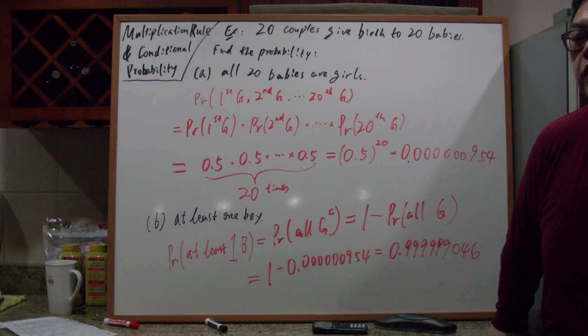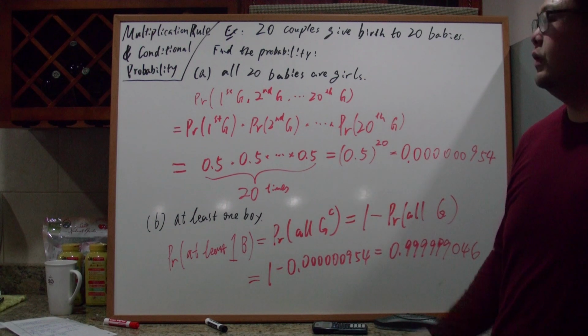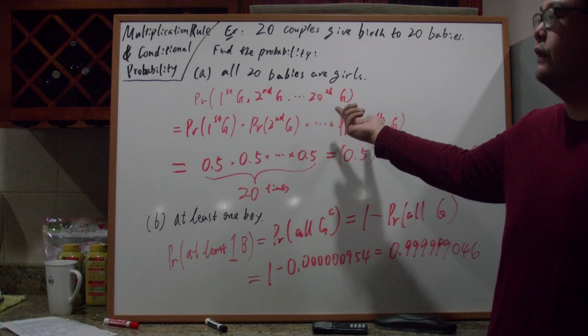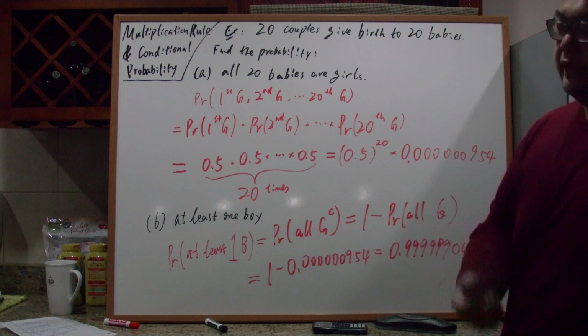Therefore, whichever 2 are the boys actually makes a difference. We'll see that in a later chapter. It's actually called the binomial distribution, but we'll see that later. For now, for 20 of the same thing in a row, we just multiply them together. That's the only case that gives 20 baby girls, and at least one boy will be its complement.